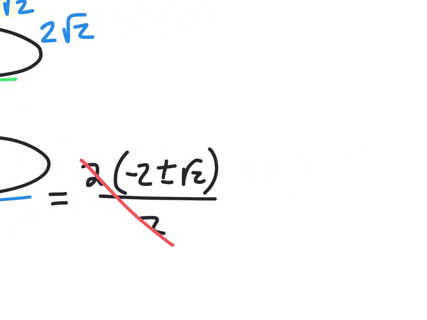Unless they say you have to have a decimal. In which case, you go, I think that's 1.61. Let me check. What is the square root of 2? Nope, 1.41. And I'm not going to make you do it, but you do it negative 2 plus 1.41 and negative 2 minus 1.41.